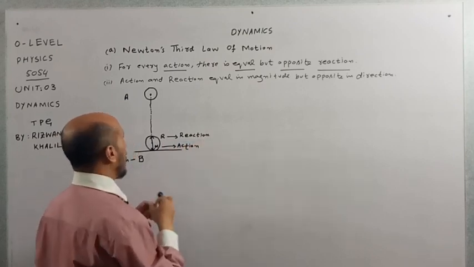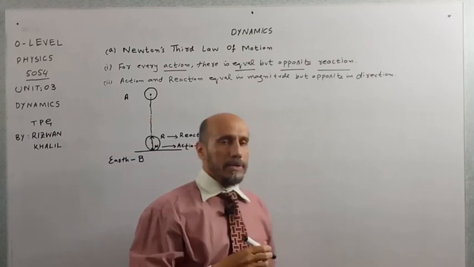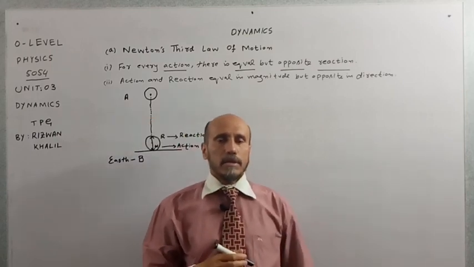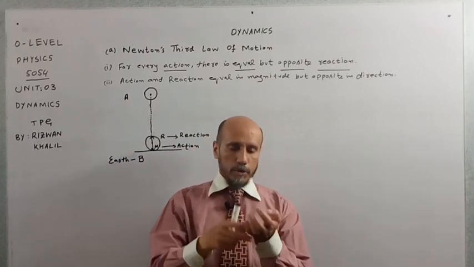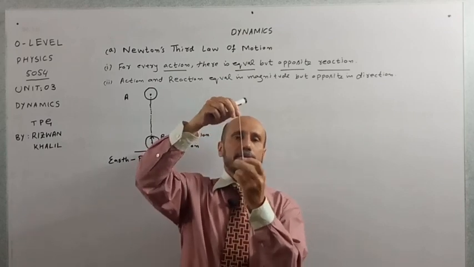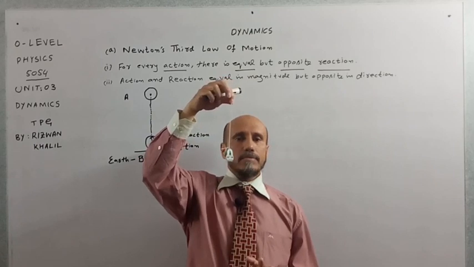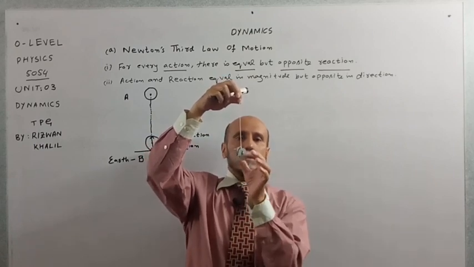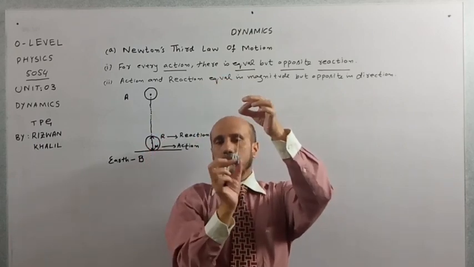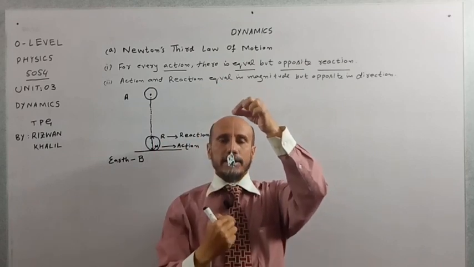Another example from daily life regarding Newton's third law of motion is that if I hang some weights with a thread, definitely the weight of the bodies is acting in downward direction.